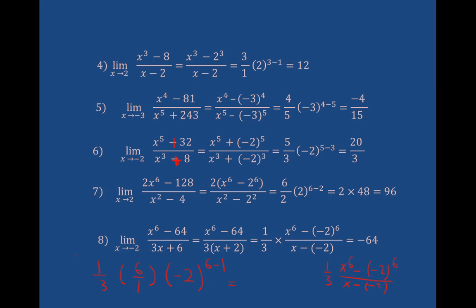Negative 2 power 5 equals negative 32. 1 over 3 multiplied by 6 over 1 equals 2, multiplied by negative 32. 2 times negative 32 equals negative 64.